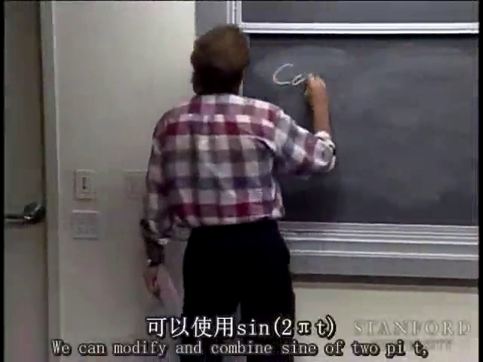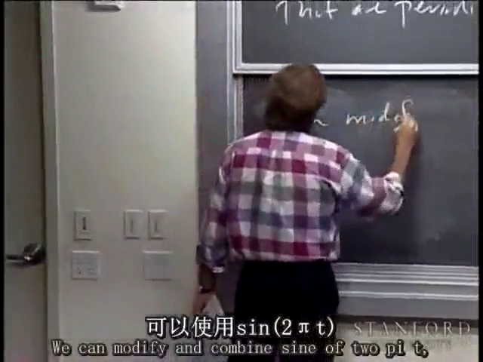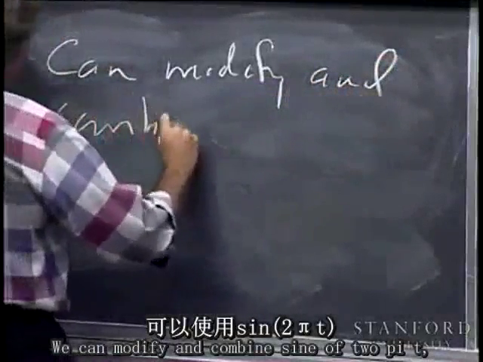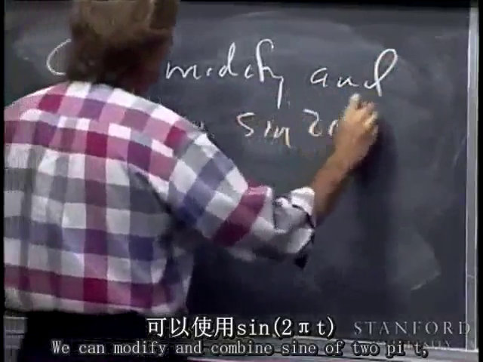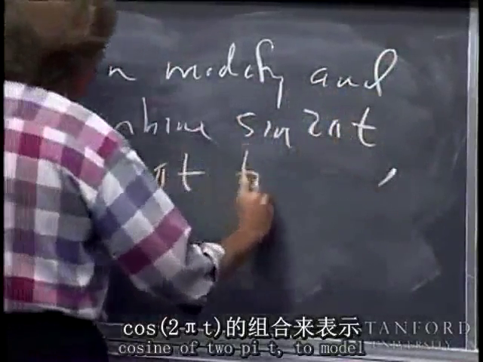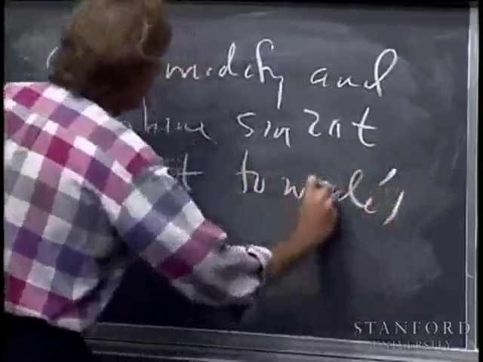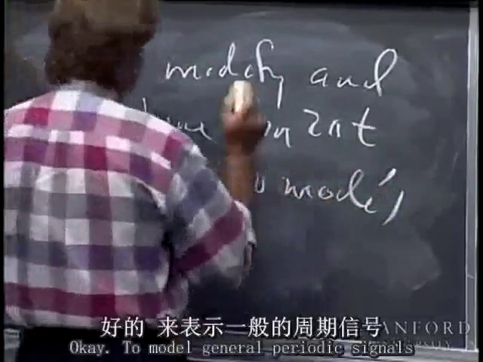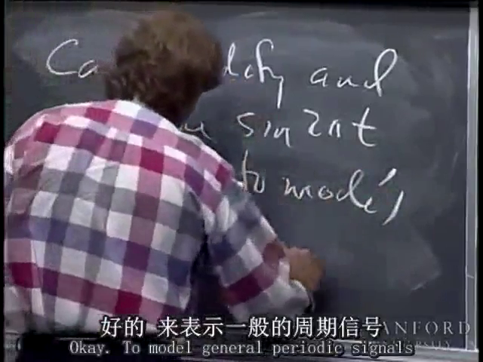We can modify and combine sine of 2 pi t, cosine of 2 pi t, to model very general periodic phenomena of period 1, to model general periodic signals of, again, period 1.